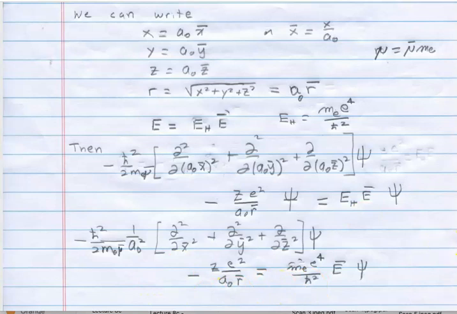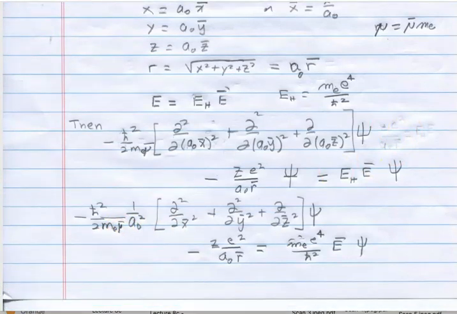Oh, and then I'll fess up to the fact, as we've seen, for a single electron system, the reduced mass is effectively the mass of the electron, and so the reduced mass dimensionless mu bar is a number so close to 1 that we might as well just make it 1.